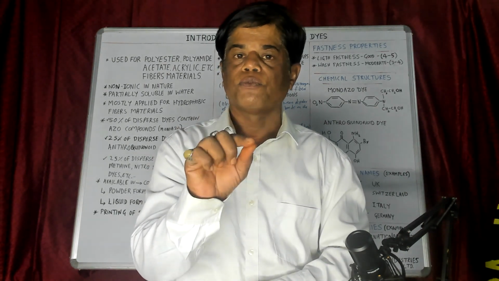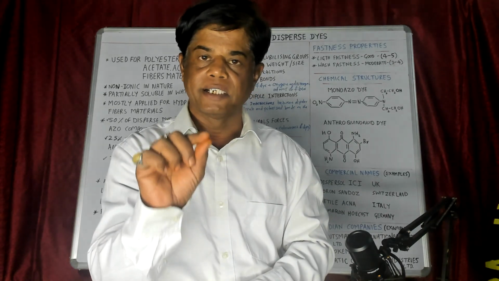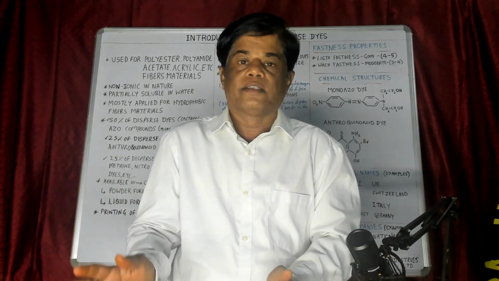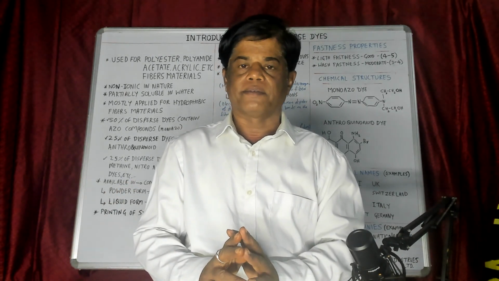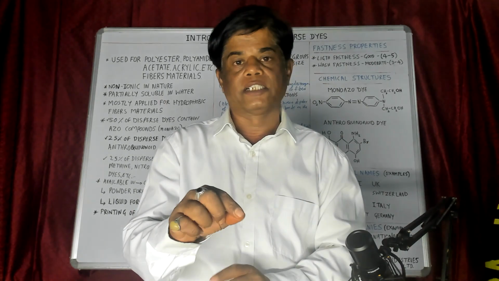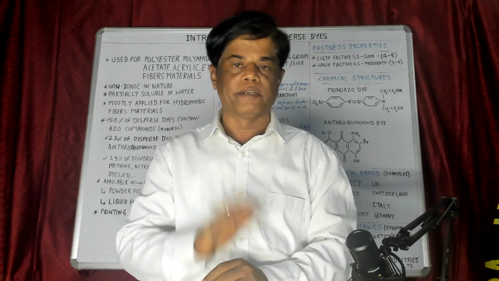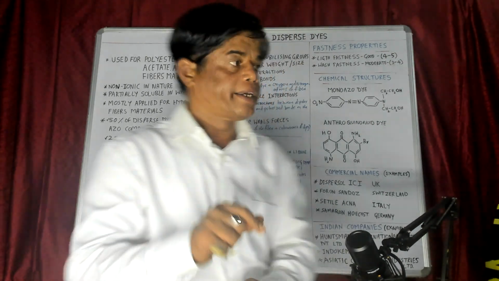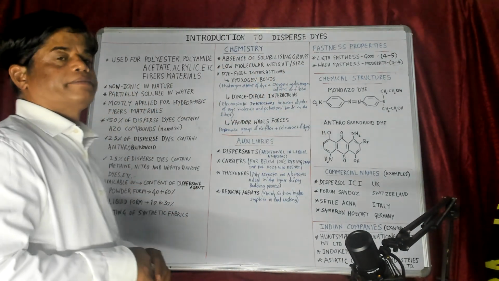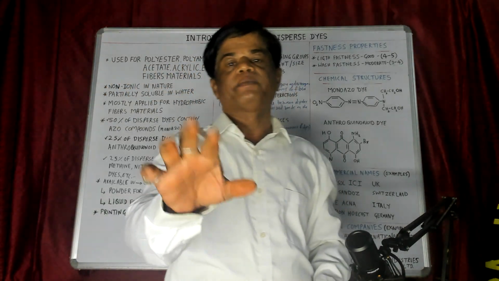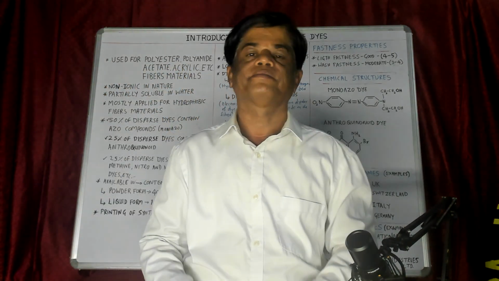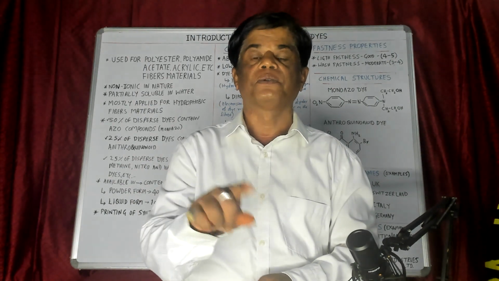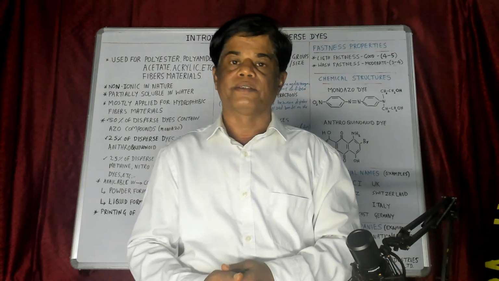Only 40 to 60% of that powder is dispersing agent. Rest, other things are there. Dyeing people and marketing people know that it is required. But in liquid form, only 10 to 30% of dispersing agent will be there. So 40 to 60% in powder and 10 to 30% in liquid materials.